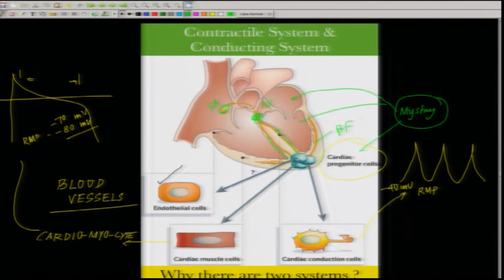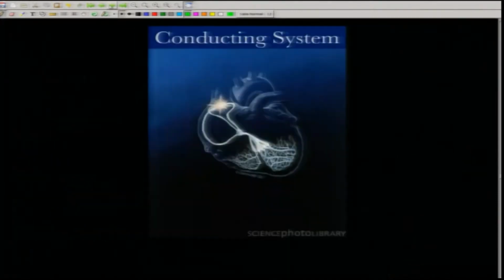Okay. So, this gives you an overall architectural, anatomical view of the heart, and this is how, in a very interesting way, I got this picture. That will give you an idea of how the real nodes look.